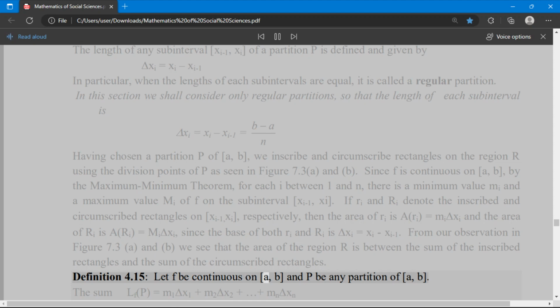Definition 4.15. Let f be continuous on [a, b] and P be any partition of [a, b].